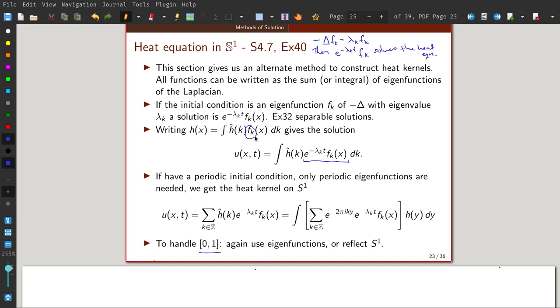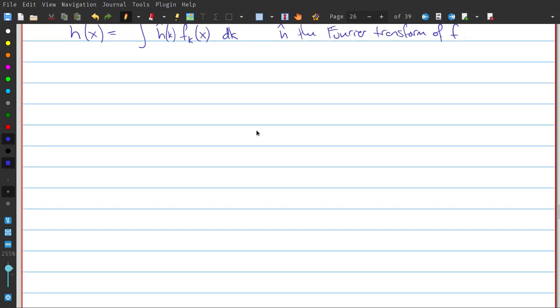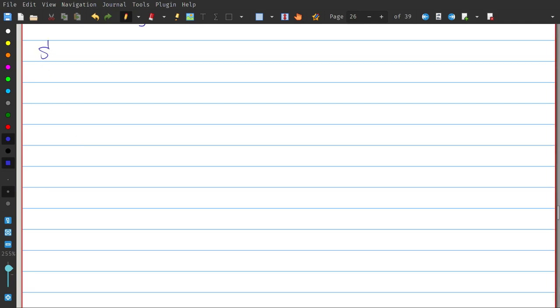What is nice about this is that if we want to model S1, we can model S1 as periodic functions on the real line. I think we talked about this a little bit in the tutorial, but for S1 we have 2 models.